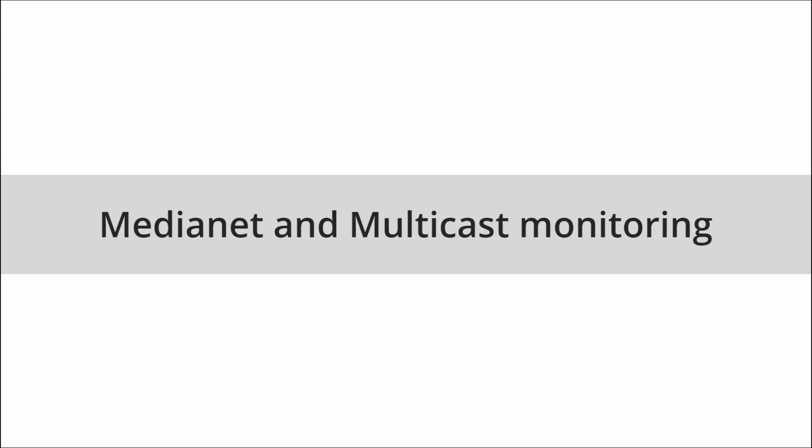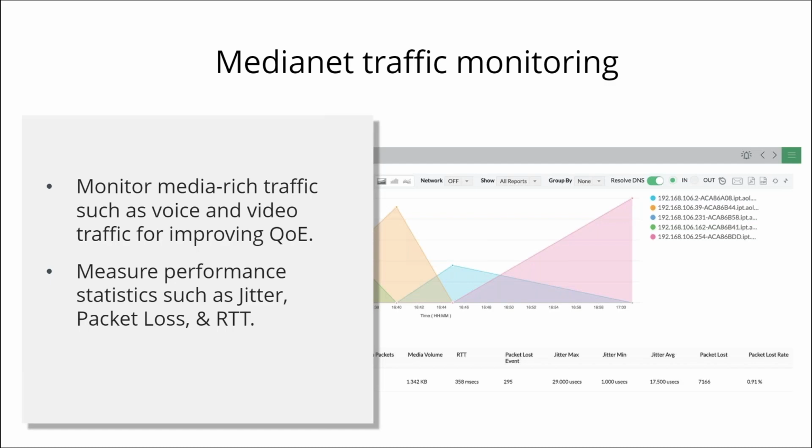So starting with Medianet monitoring. Where you would be using this, or where it would be helpful for you, is that on our day-to-day basis, we do use rich media to communicate, let's say, with your clients, or if you're going to do a presentation. In that case, you do require rich media that uses both voice and video.